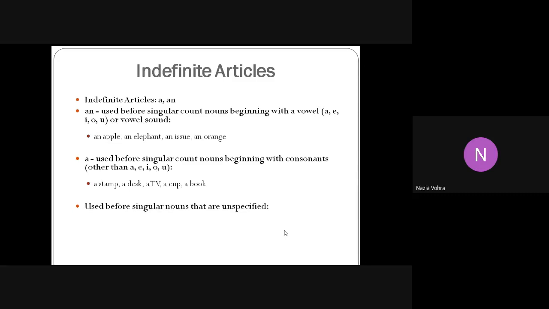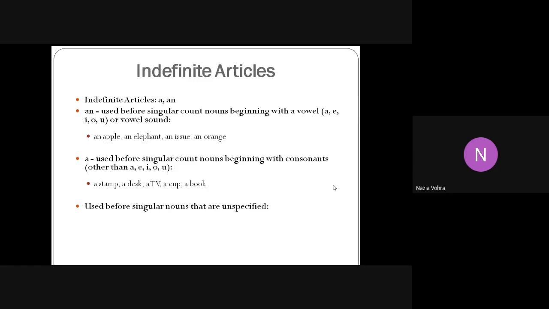Now, where do we use these indefinite articles? Something which is not specified, something which is unspecified. Something is not exactly specific, and for it we use an article which is indefinite. For example, I'm watching a TV.